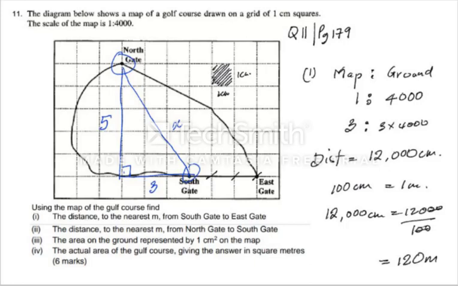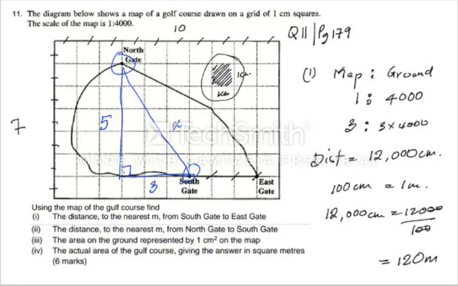All right, so let's try and determine. Remember, we know the actual area of one of these. Let us try and determine how many of these are actually on the golf course. This is 1, 2, 3, 4, 5, 6, 7, 8, 9, 10. So up here it says 10. This is 1, 2, 3, 4, 5, 6, 7.